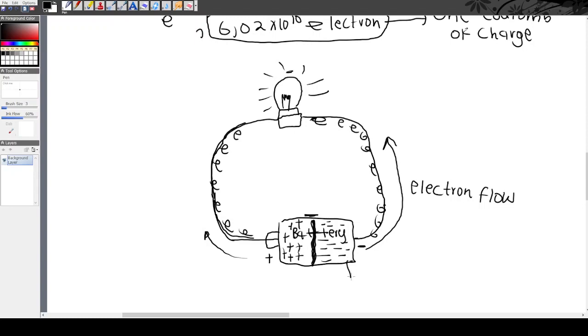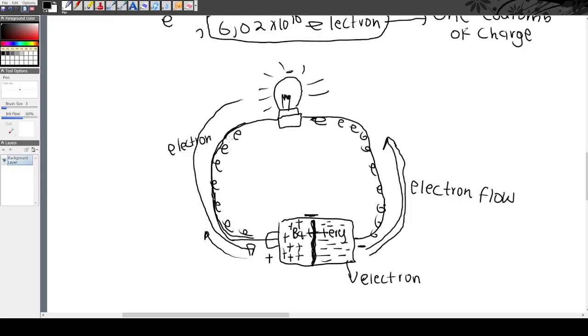And this side is filled with electrons. So it makes sense that the electrons go from the negative terminal to the positive terminal. They want to reach the positive terminal.